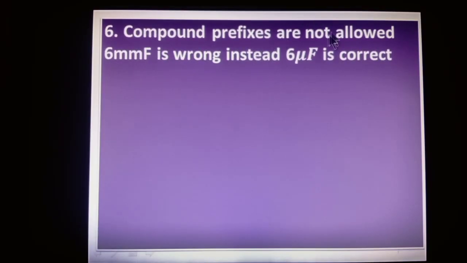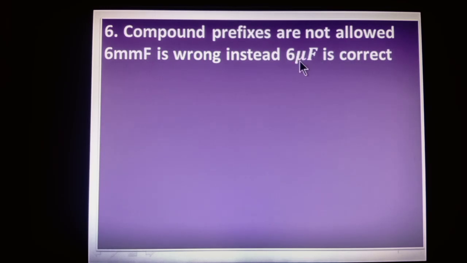Next point to remember, compound prefixes are not allowed. Interesting, very important point. Look at this value, 6 millimicrofarad. Two prefixes are combined here, compound prefixes, and they are not allowed. So it is wrong. Instead, we should write it like this, 6 nanofarad.